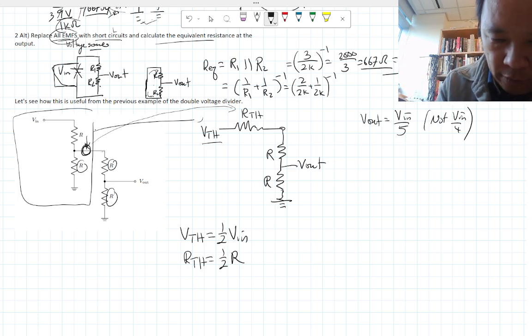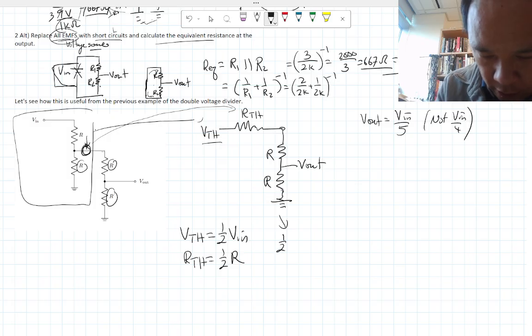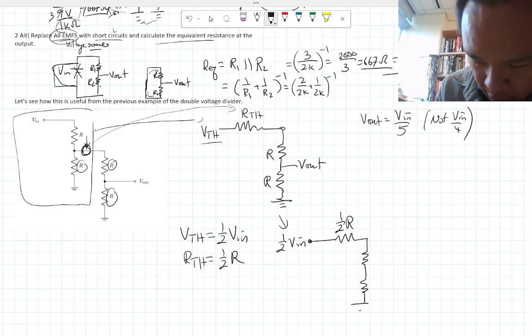So this circuit is equivalent to 1/2 V in as an input, another the Thevenin resistance, which is 1/2 R. The rest of the circuit stays the same, R, R, and then we take V out here.